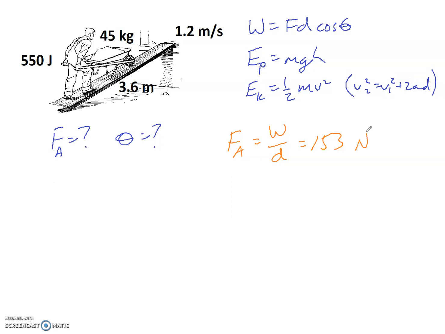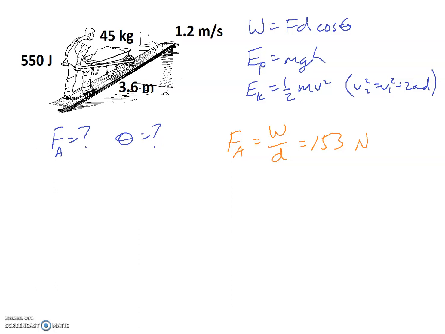Okay, so now let's see if we can find the angle involved. Now, there's a couple ways we can actually do this. We could incorporate FGX, MG sine theta into the situation, that kind of stuff, but we'll try and do just work and energy type stuff. So what we're going to do is we're going to try and use distances. We have the speed at the top here, so I can actually find the kinetic energy at the top.